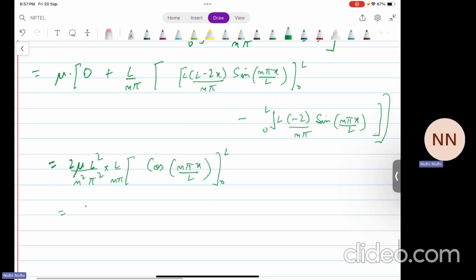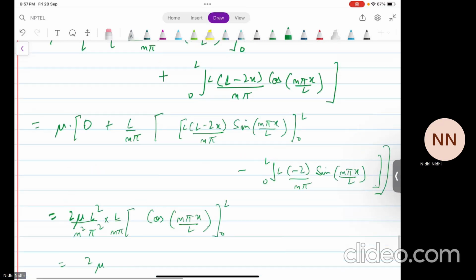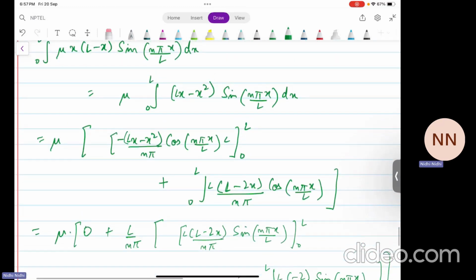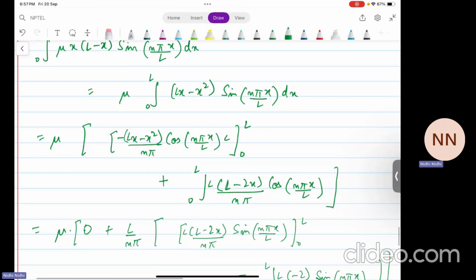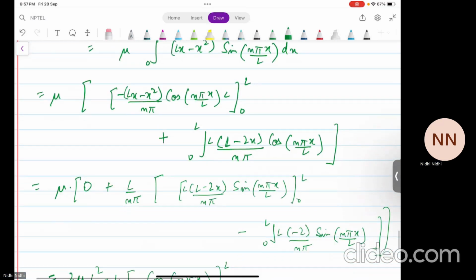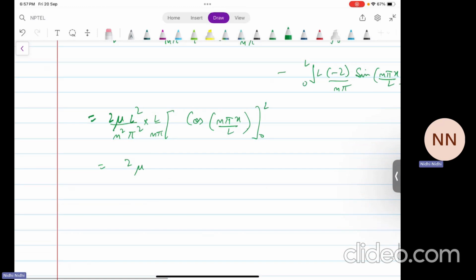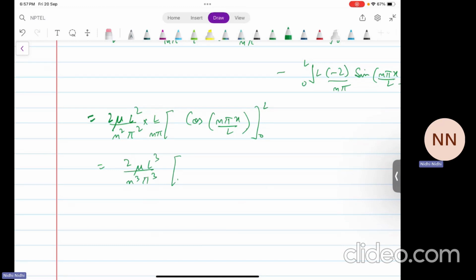Which is equal to 2 mu. Where does this 2 come from? X square minus 2. This is 2 mu L cube by n cube pi cube. When we put x equals to L, we are left with cos n pi. Cos n pi is minus 1 to the power n, minus 1.